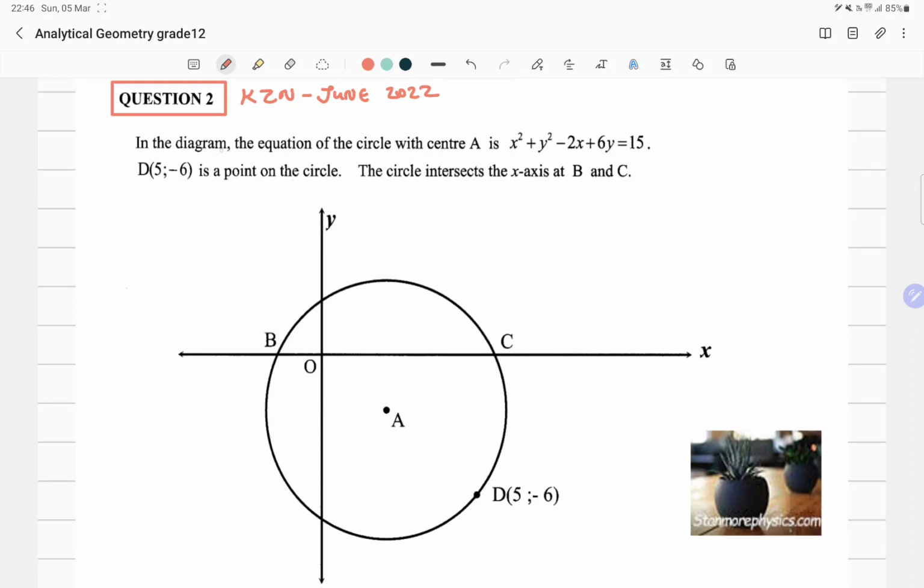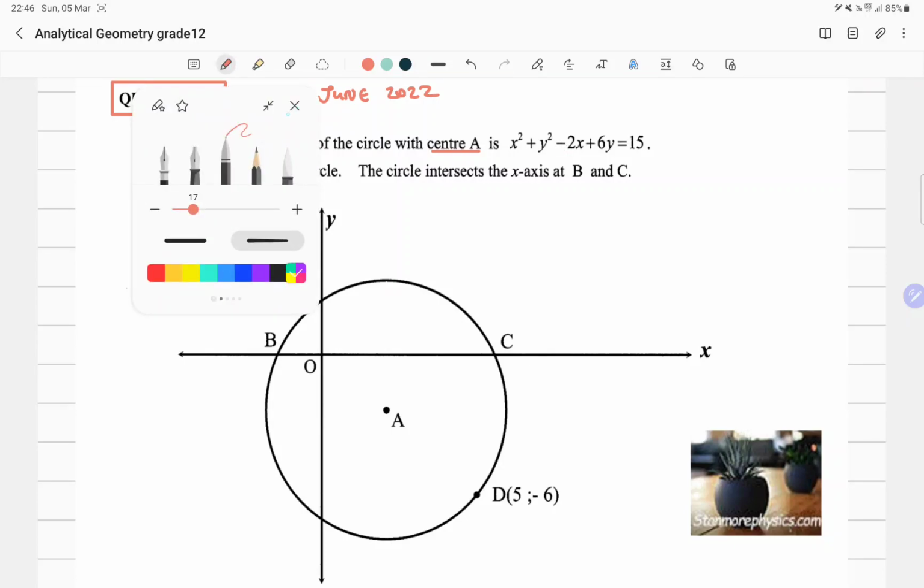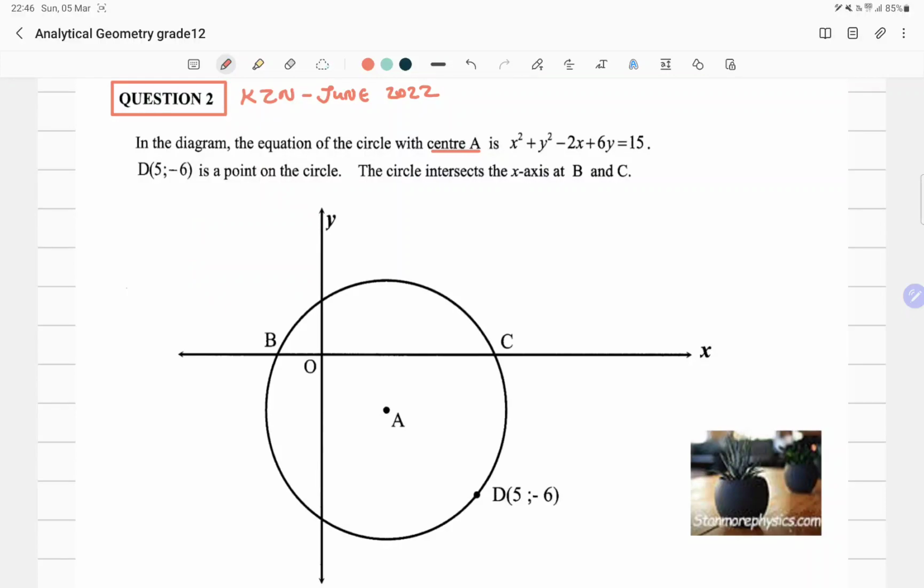Here we're given in the diagram a circle with center A, whose equation is x squared plus y squared minus 2x plus 6y equals 15. This one is expanded, so we need to complete the square to define the center, or put it in standard form.